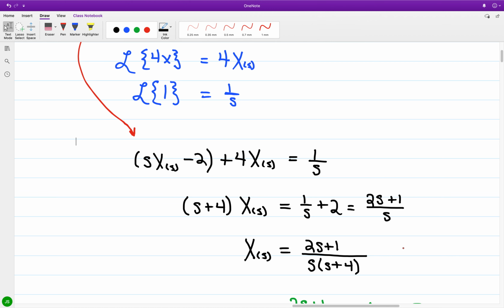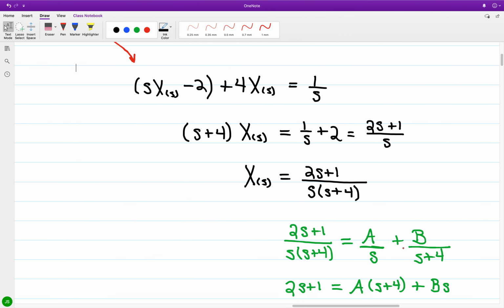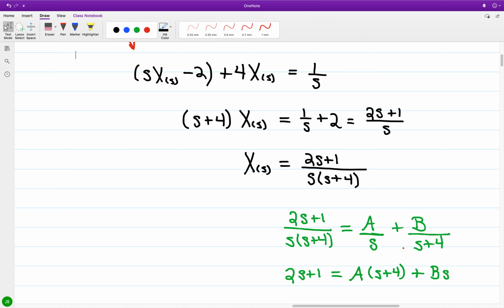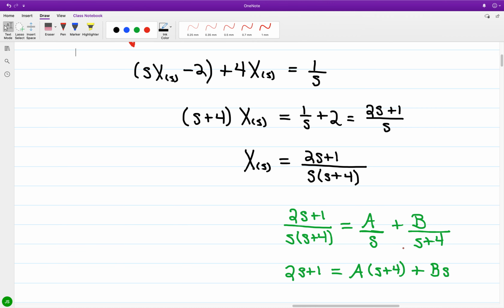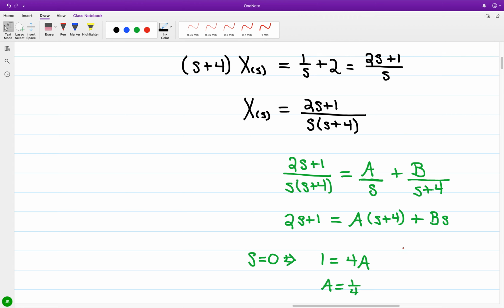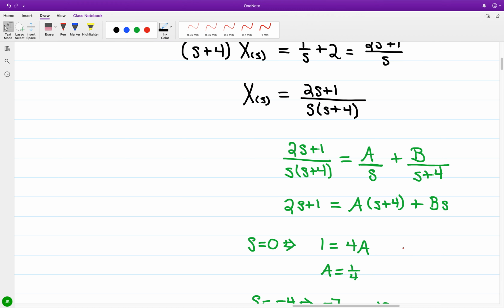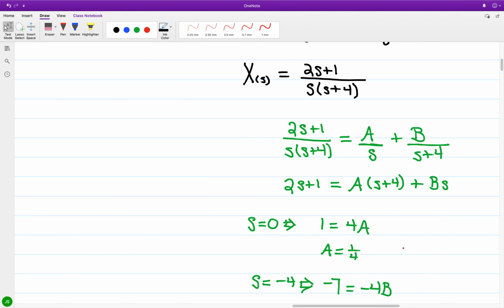Taking the partial fraction decomposition, upon clearing out fractions, we have 2s plus 1 is equal to A times the quantity s plus 4, plus B times s. We have two unknowns, but we can apply zeros. If I negate B and solve for A, we have 1 is equal to 4A, and from this A is equal to 1/4.